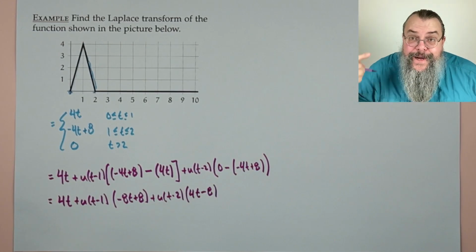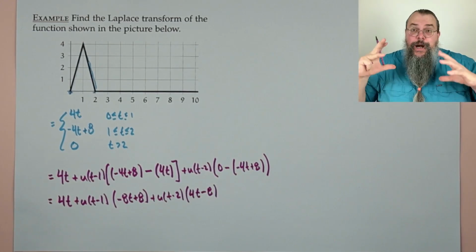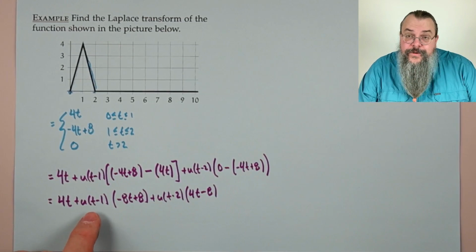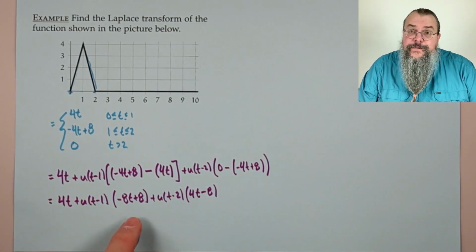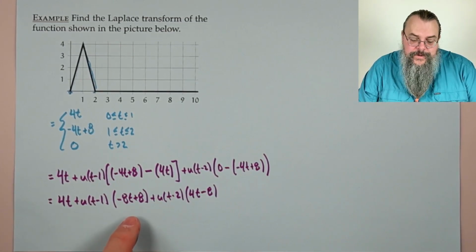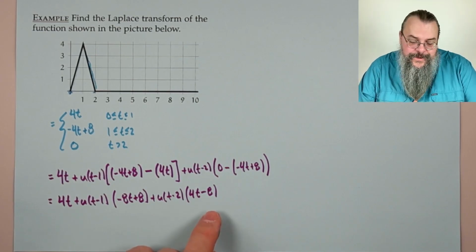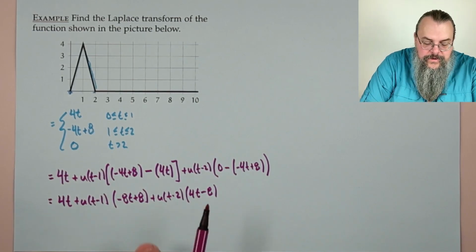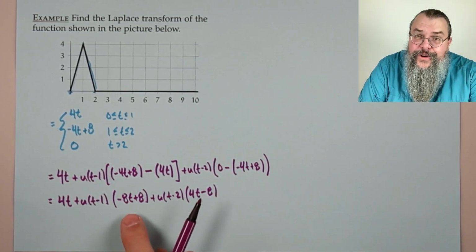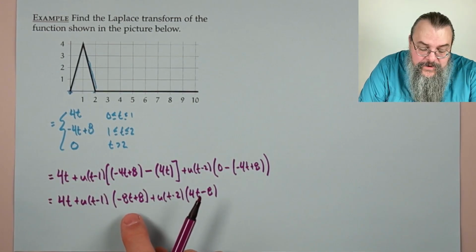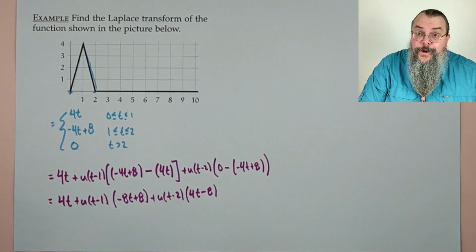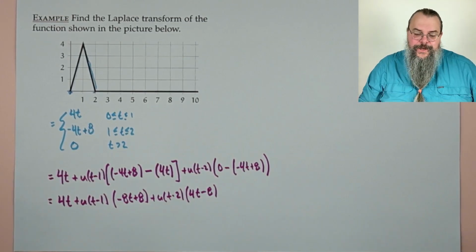Now we have our mindset, which is to say, I want what's multiplying this u of t minus 1 to look like a function in terms of t minus 1. And what's multiplying this u of t minus 2, I want that to be a function in terms of t minus 2. So we stare at this and say, how close are we?